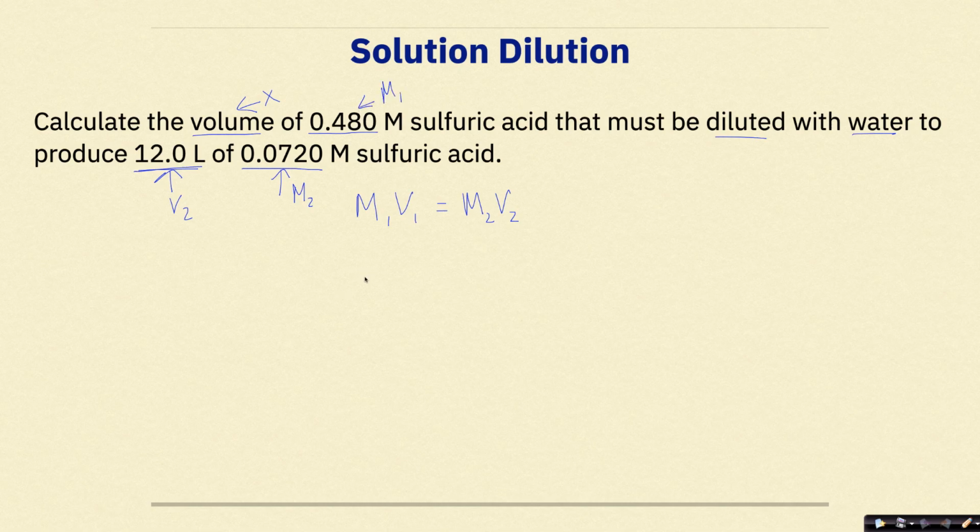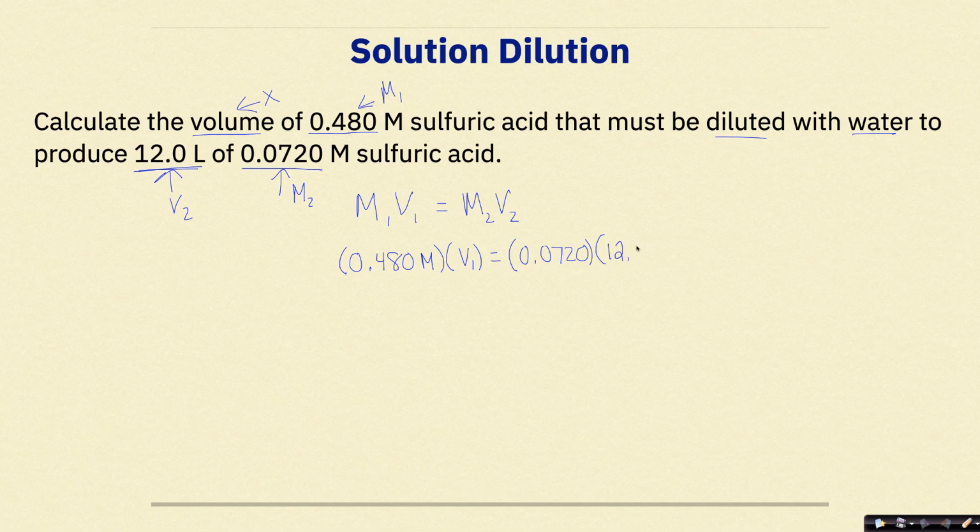So what we're going to do is plug all of our known and unknown variables into our formula. So M1 is going to be 0.480 molar. Our V1 is what we are starting with. So what's our initial volume going to have to be? Our molarity 2, M2, is what we want to end up with. So 0.0720. And then V2 is our total volume at the end.